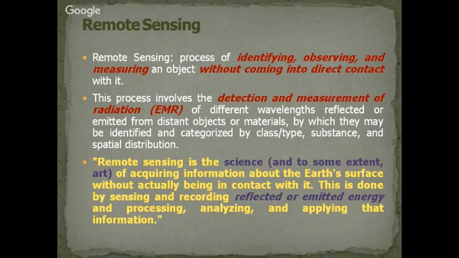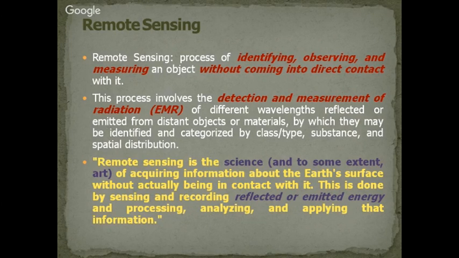Remote sensing is usually considered as the science and to some extent as an art of acquiring information. Now we call it a science because it is based on certain fundamental principles from physics, that is radiation principles.